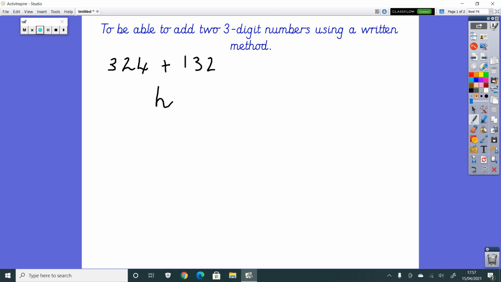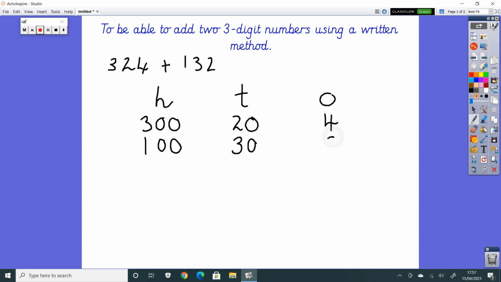So we'd ask the children to place an H and a T and an O because it helps them keep the values in the correct places. So we'd pop the 300 from 324 there, 20 and 4 ones, and then for the second number 100, 30 and 2, keeping the digits lined up.